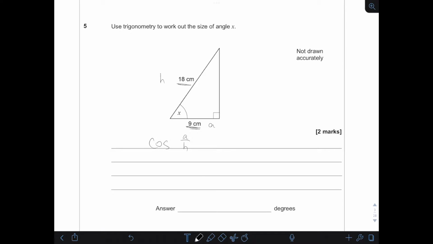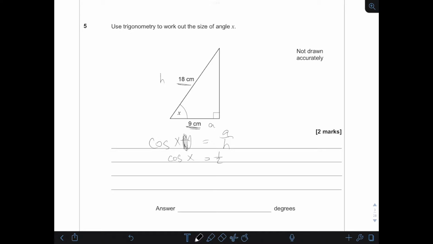The cosine of x is equal to adjacent over hypotenuse. That's the correct way to say it. And that would equal 1/2, because 9 divided by 18 equals 1/2, so cosine of x is 1/2.